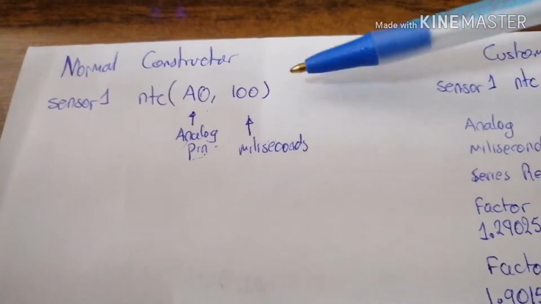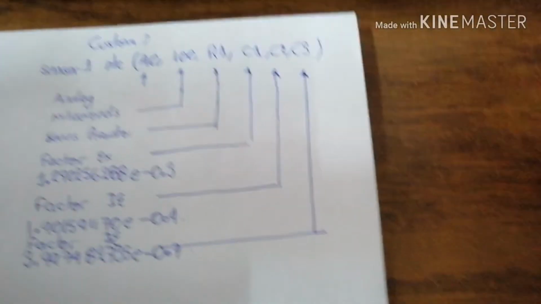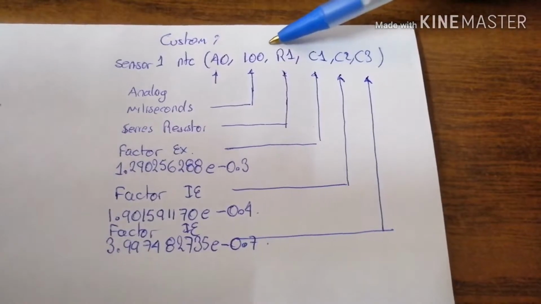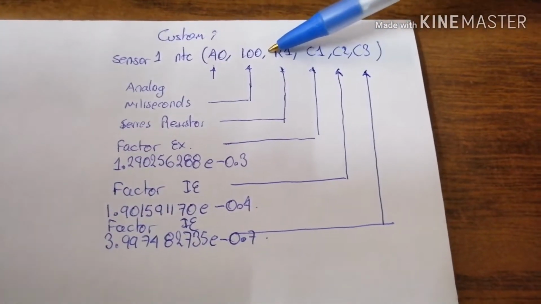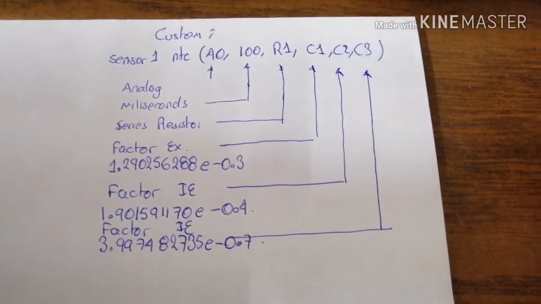When it's not declared, this one will be used, right? So if for any reason we need to change this, we need to be able to change it in here. So I can put in here 10 kilo ohms, 12 kilo ohms, 11.5 kilo ohms, whenever I need.